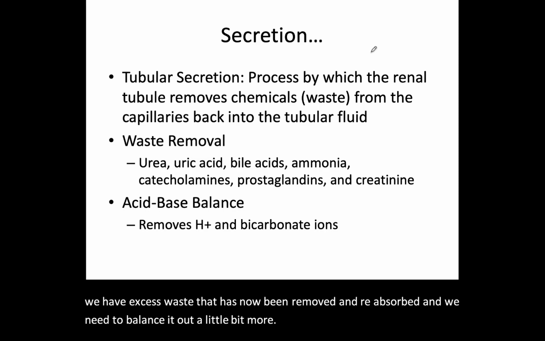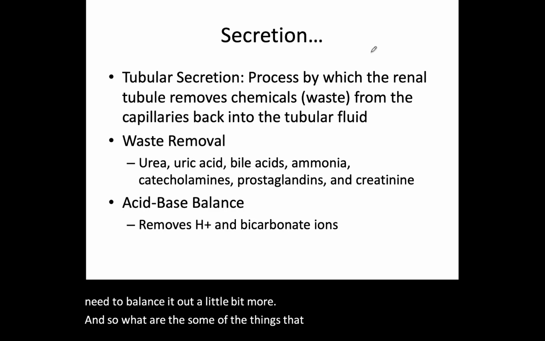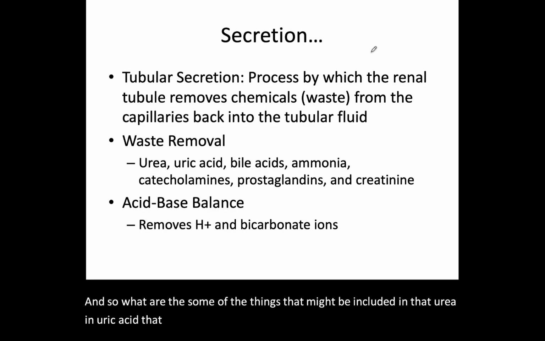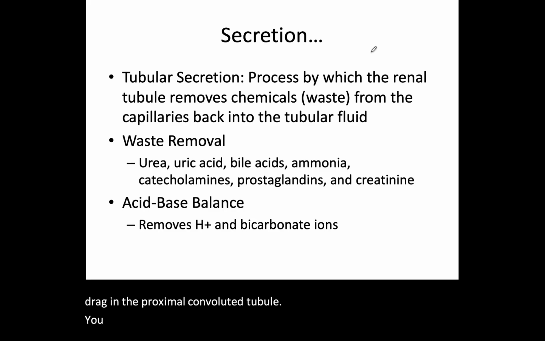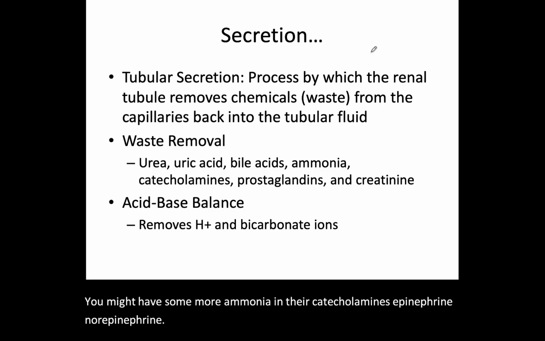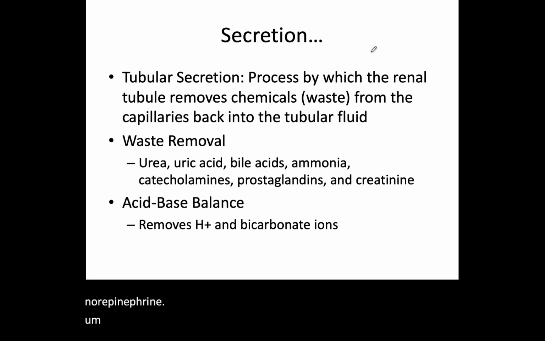And so what are some of the things that might be included in that? Urea and uric acid that we would have accidentally reabsorbed through solvent drag. In the proximal convoluted tubule, you might have some more ammonia in there, catecholamines, epinephrine, norepinephrine, and dopamine, right?